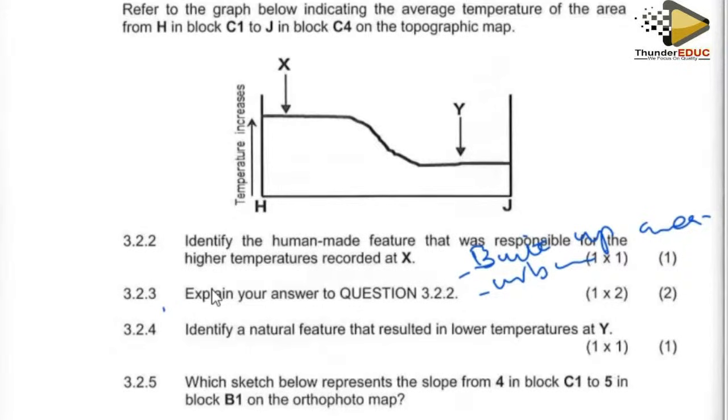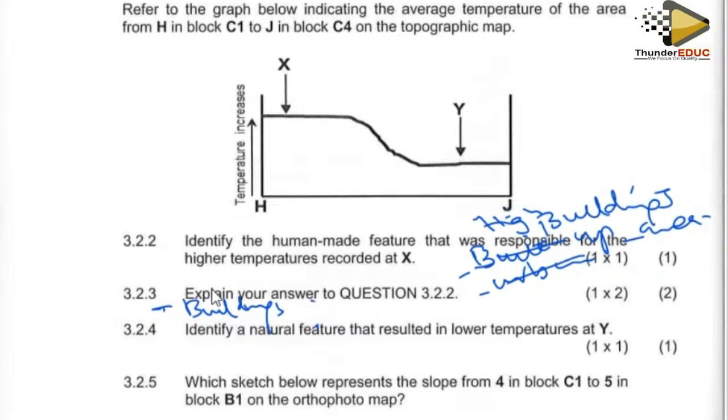Explain your answer in 3.2. So 3.2, buildings. Here we say buildings built up. The human feature is a built up area. The human feature here buildings. So human feature here buildings that are responsible for the higher temperature.